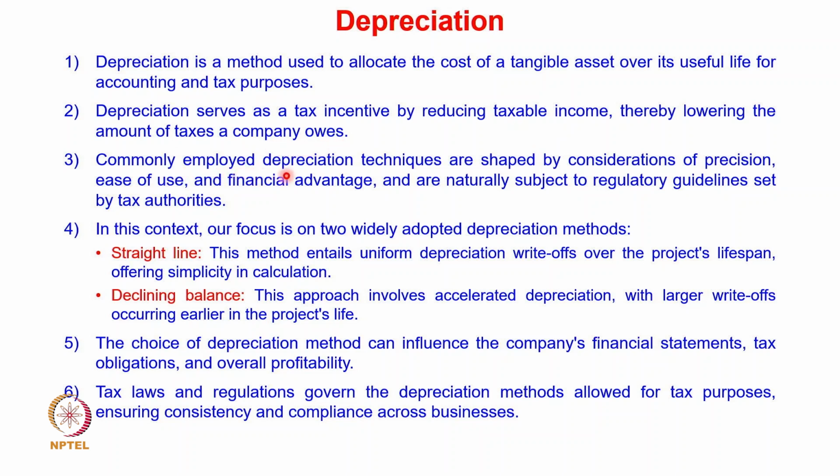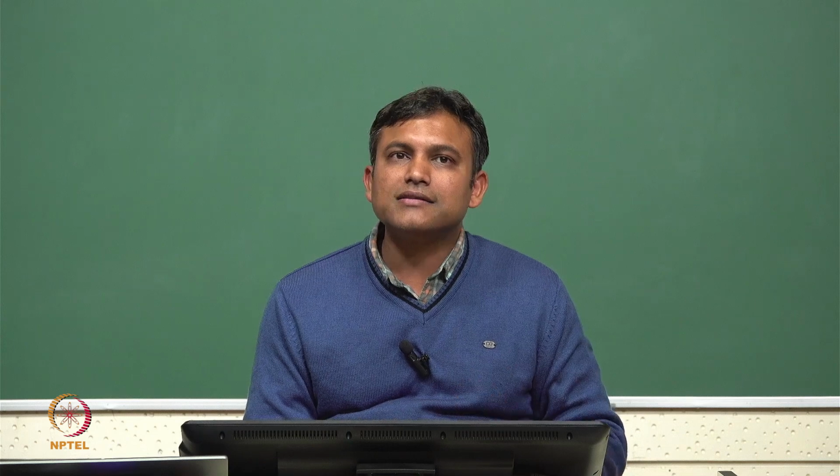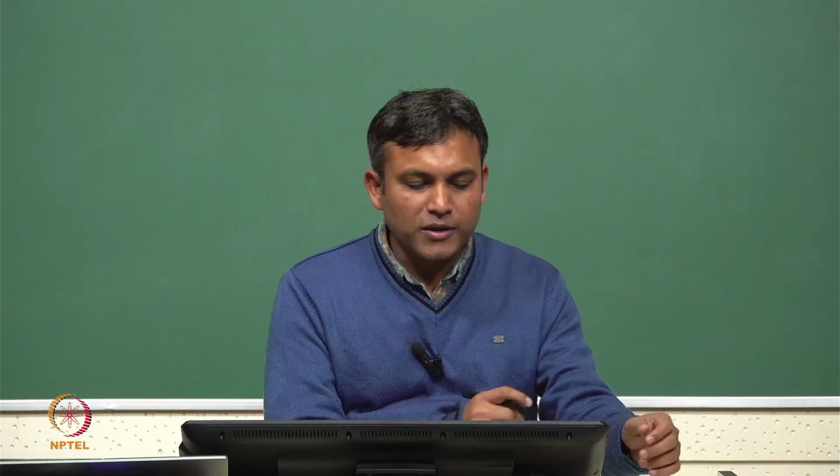Company-employed depreciation techniques are shaped by considerations of precision, ease of use, and financial advantage, and are naturally subject to regulatory guidelines set by the tax authorities. In what way you should calculate the depreciation, guidelines are given by the regulators, and based on that the depreciation should be calculated.